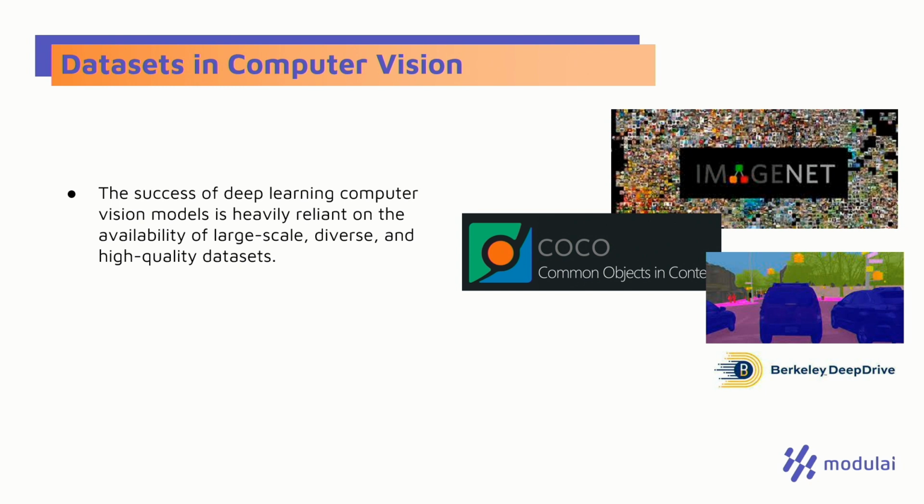However, most of this advancement is thanks to the availability of large, high-quality labeled datasets. If you work in machine learning and computer vision, you probably know about ImageNet, COCO, or Berkeley DeepDrive.